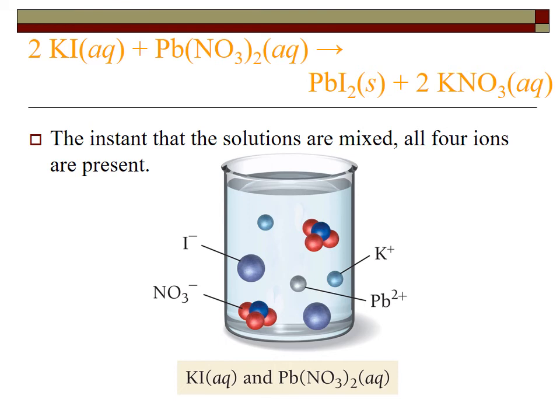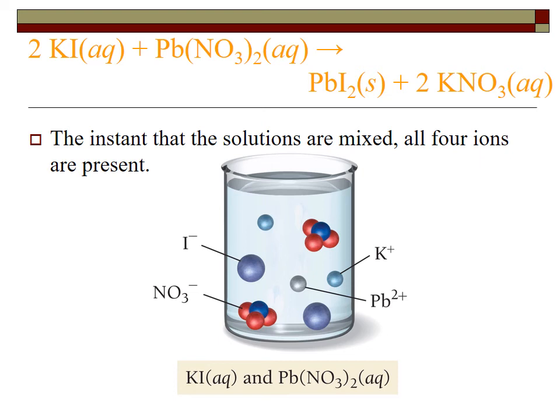Now, the instant that they are mixed together, what happens? I'm going to mix these two beakers together, and for the first time, the lead is going to have a chance to look at the iodide, and the potassium is going to have a chance to look at the nitrate. Now, why would the potassium not be interested in the lead? Cations are looking for anions, negatively charged ions.